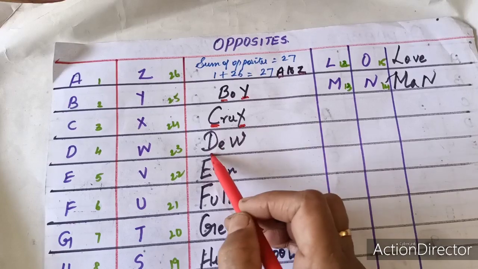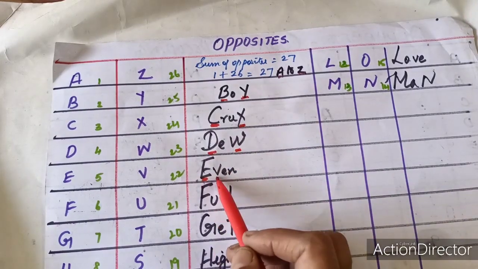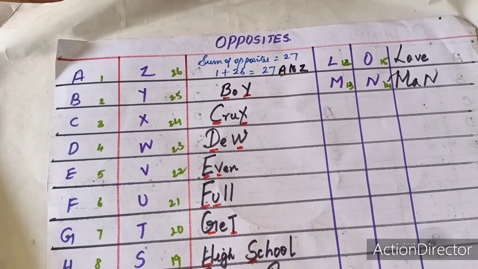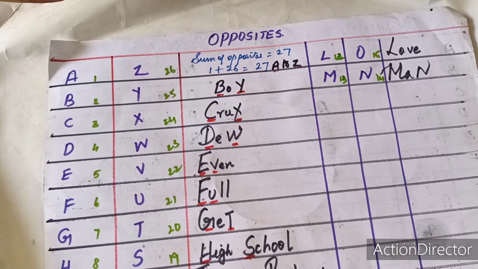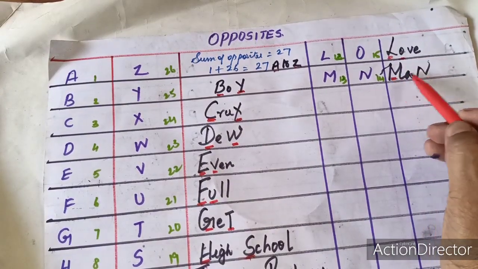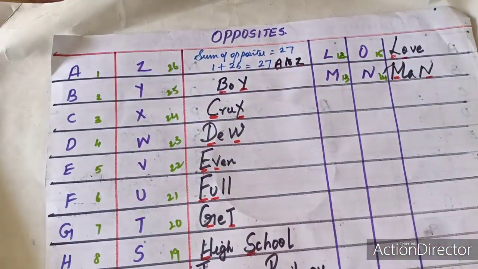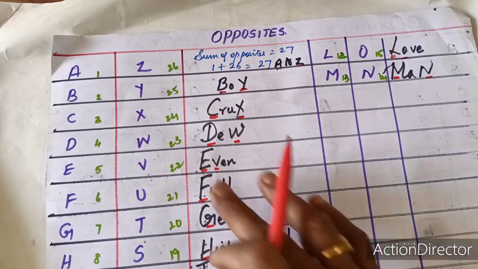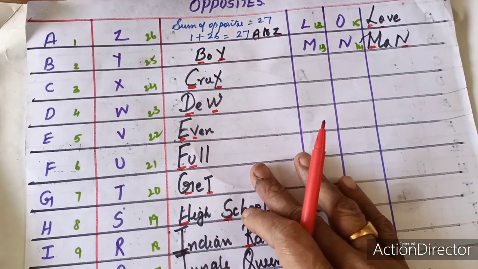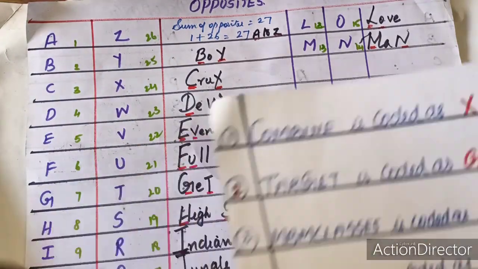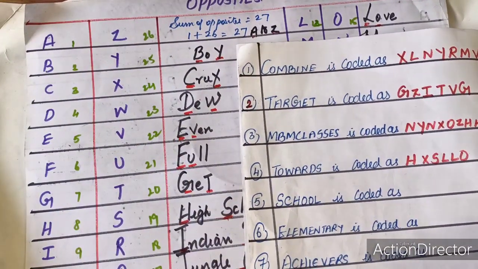C and X, D and W, E and V, F and U, G and T, H and S, I and R, J and Q, K and P, L and O, M and N. So if you remember only these 13 words, you can remember their opposites also. Now using this table, let me teach you how I am going to code the words in the given data.